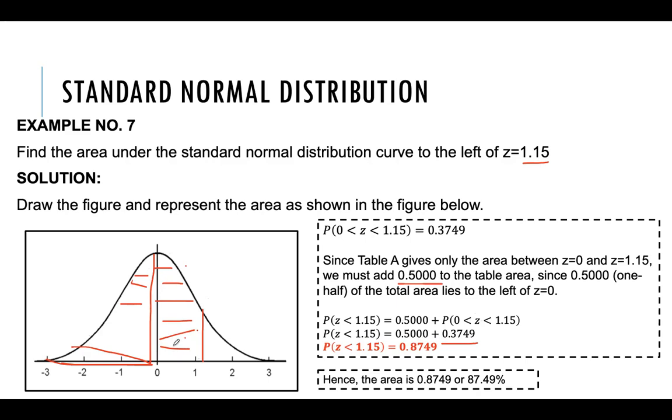So the area to the left of the z value of 1.15 is 87.49%. Ibig sabihin, ito yung ating z value na 1.15 class, to the left papunta doon, yung area is 87.49. Ang hinahanap dyan is yung area pa kaliwa ng 1.15, kaya inadd. So the total area is 87.49%.